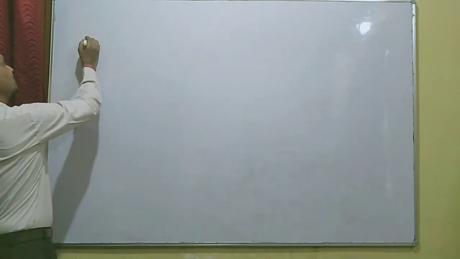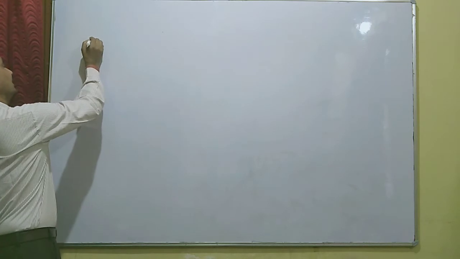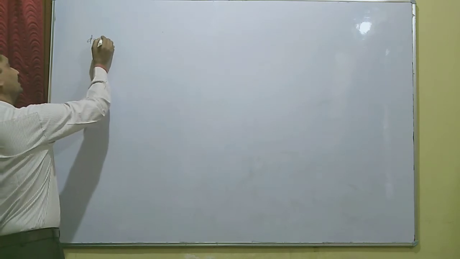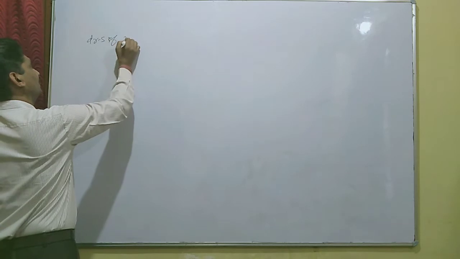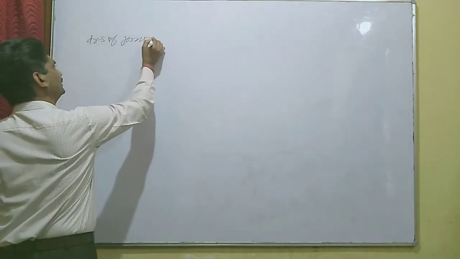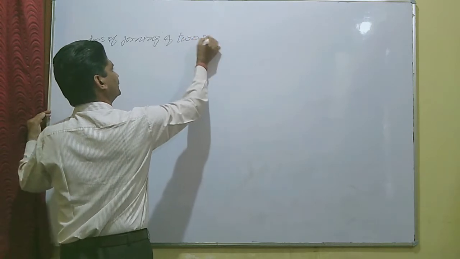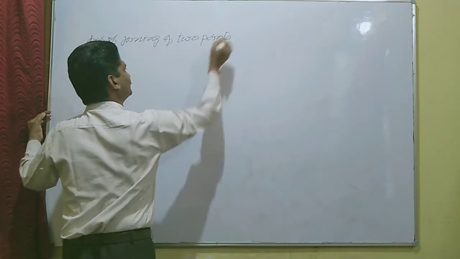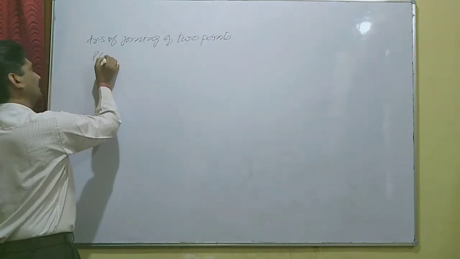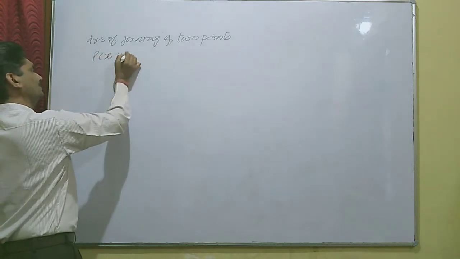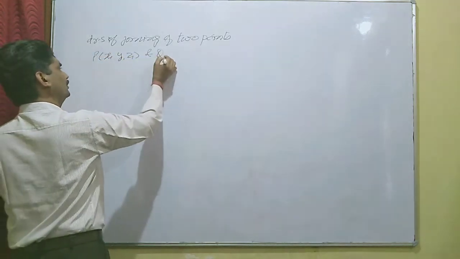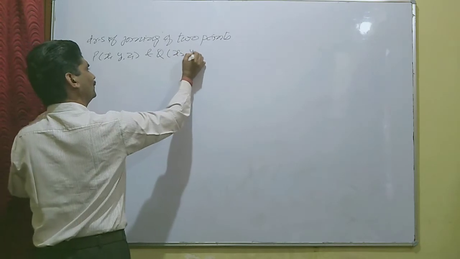Direction ratios of the line joining 2 points. Suppose the points are P(x1, y1, z1) and Q(x2, y2, z2).